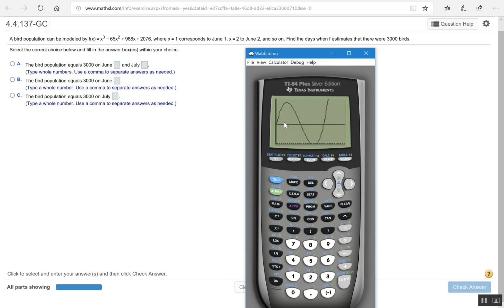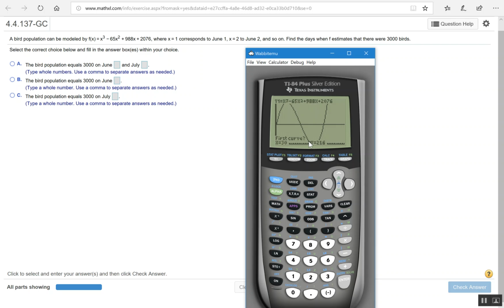To find the exact intersection points, you need to calculate. I'm going to press second trace, that takes me to calculate, and I'm going to pick 5 because I want to calculate the intersection point. You see how this cursor is blinking right here?